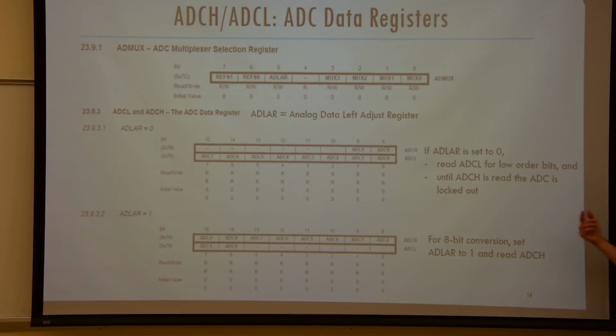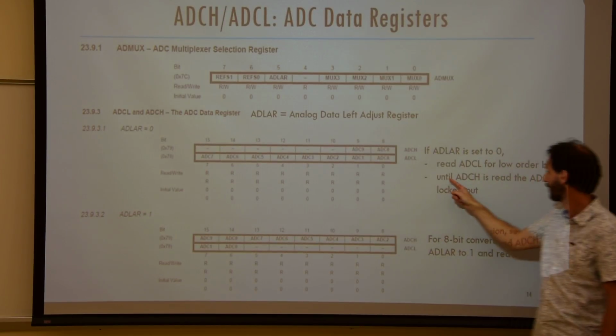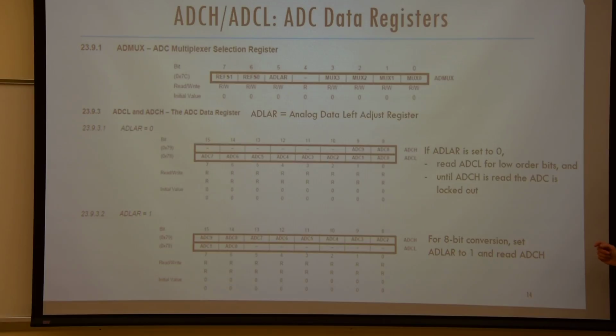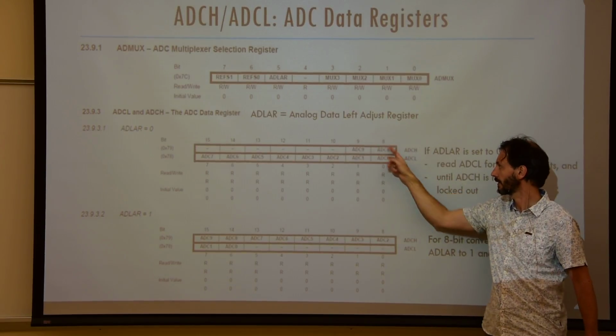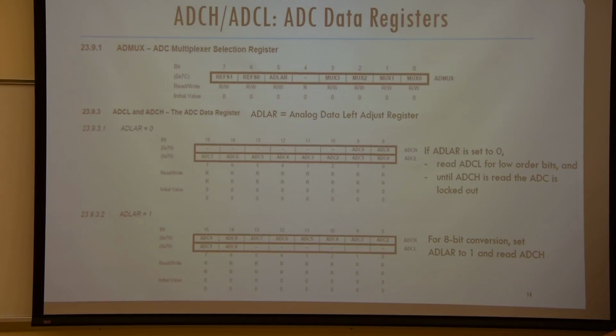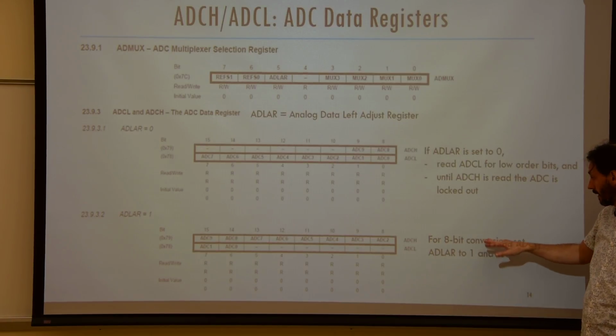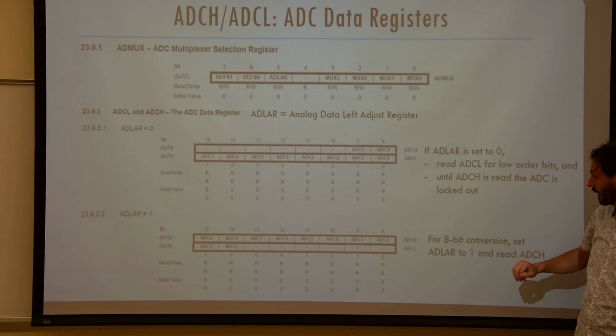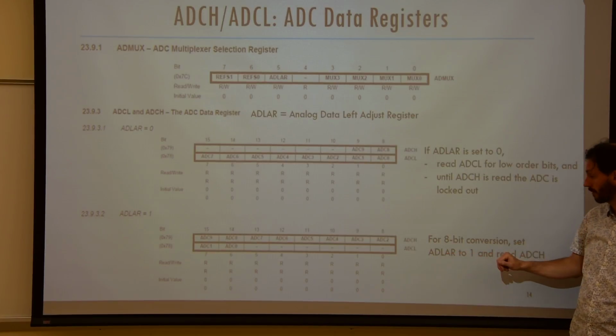And until the higher order bits are also read, the ADC is locked out. So you should make sure to read this particular register as well. That's very important. But if you're only interested in 8-bit conversion, which we will also be doing in some of our assignments, then in that case we can set the ADLAR to 1.